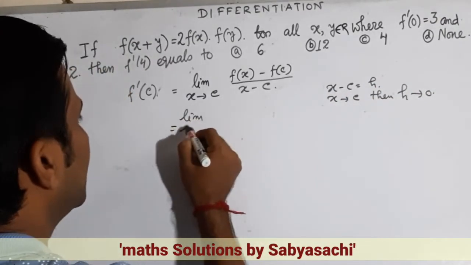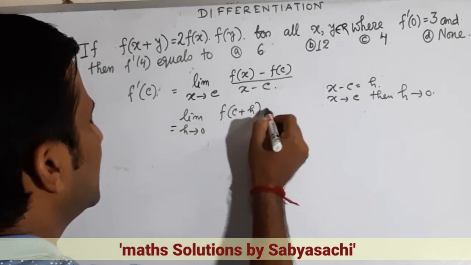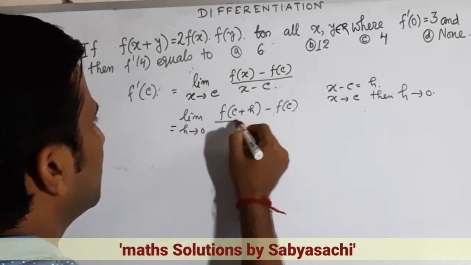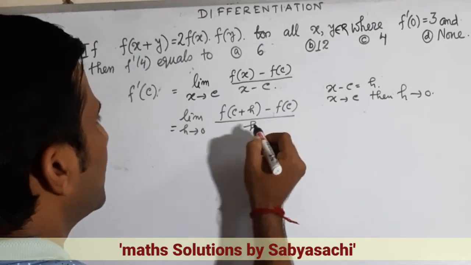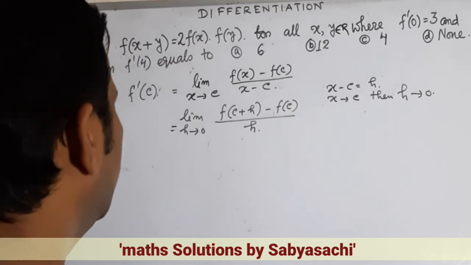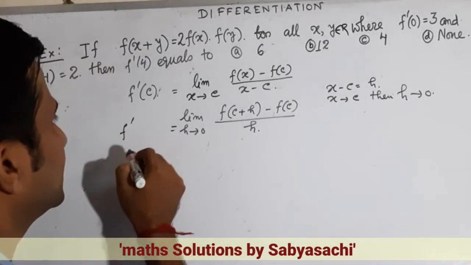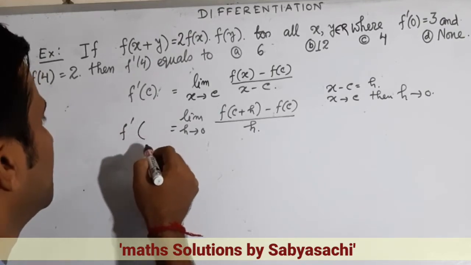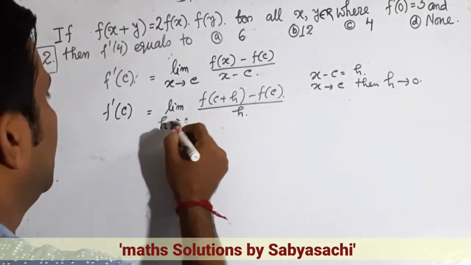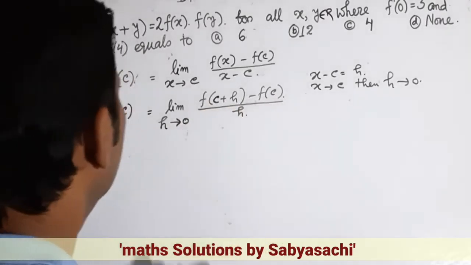This means that limit h tends to 0 f of c plus h minus f of c by h is equal to f dash c.